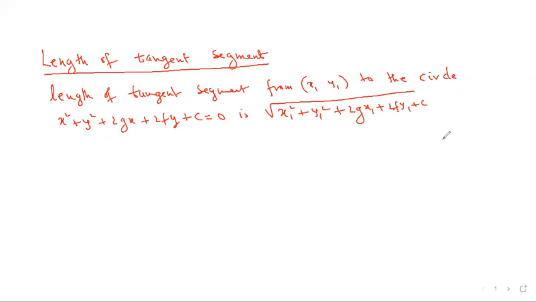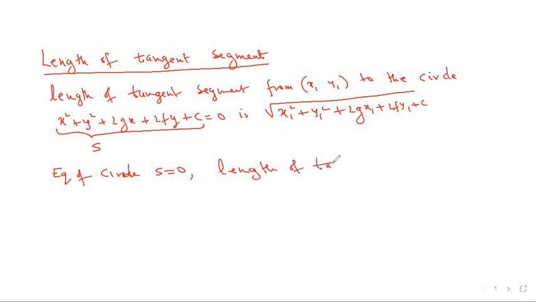There's a notation for this. We denote this by S. So equation of circle is S equal to 0. Length of the tangent segment is root S1.